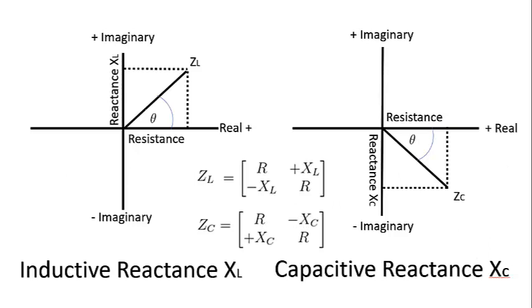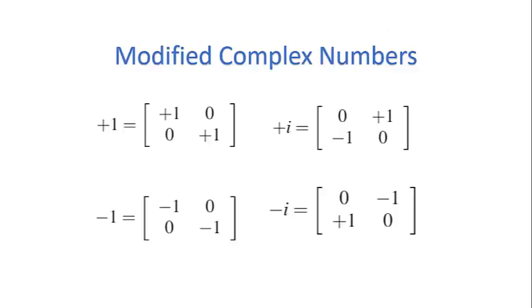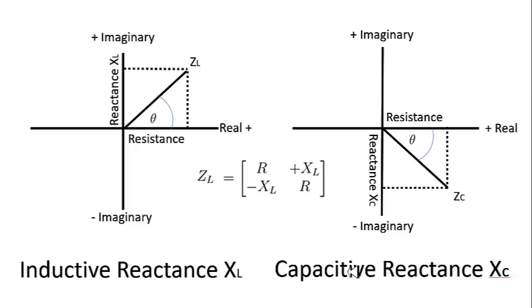So the negative imaginary, let me just go back to my identities here. The negative imaginary identity has the negative in the upper right hand corner and the positive in the lower left corner. As you can see, that's the negative i, or in Eric Dollard's case, it's negative j. So negative j is negative i, negative imaginary.